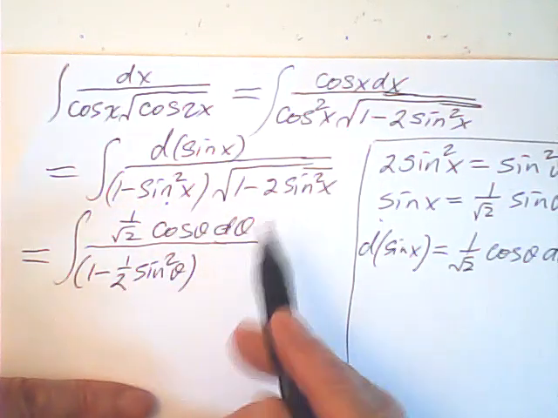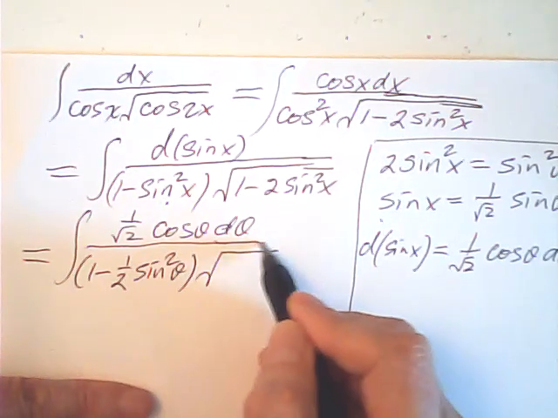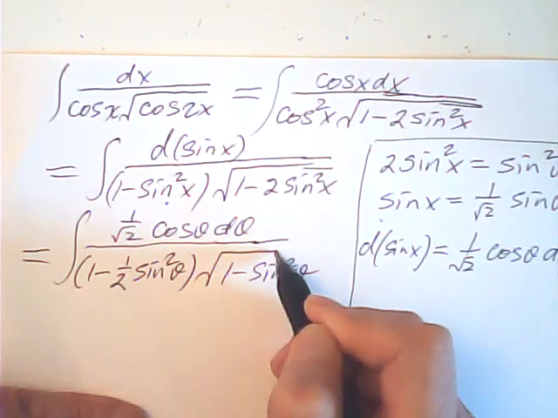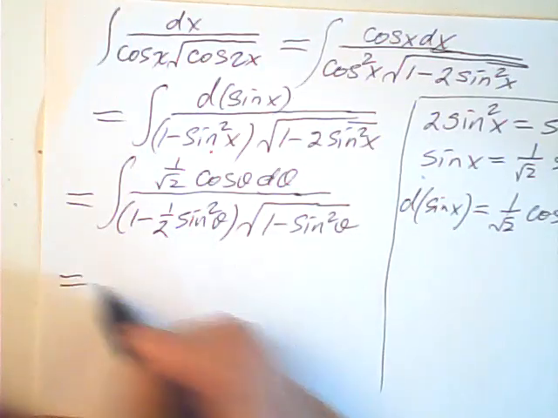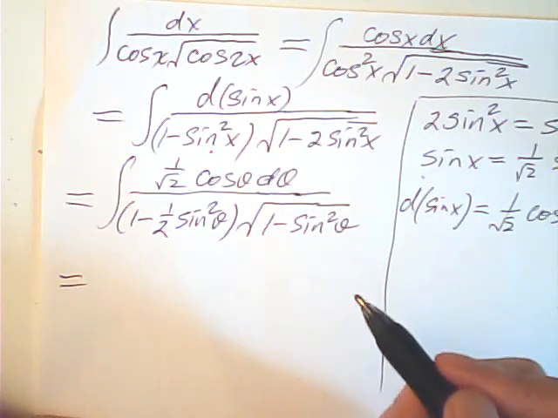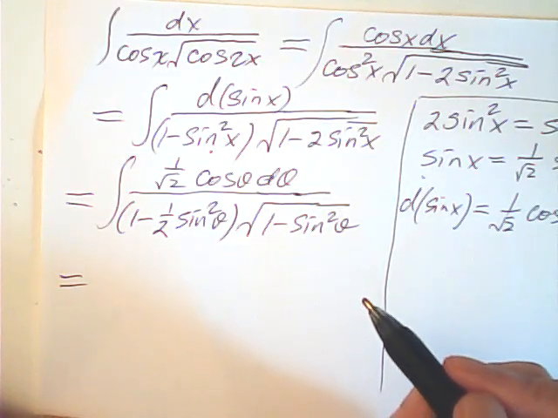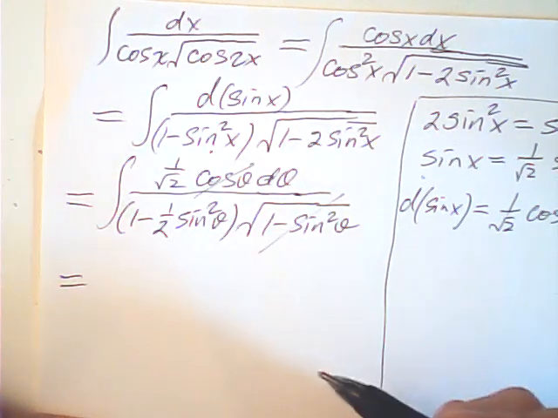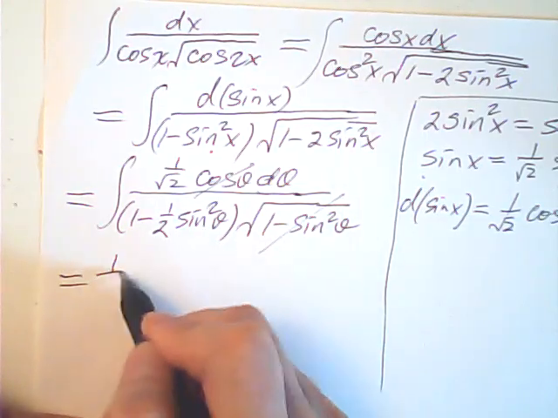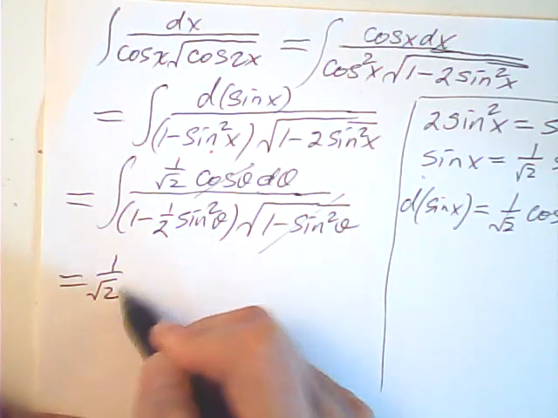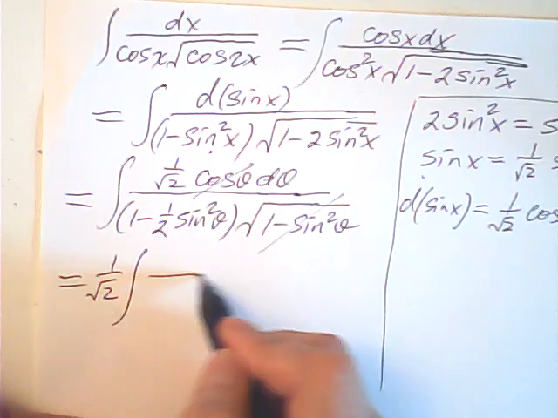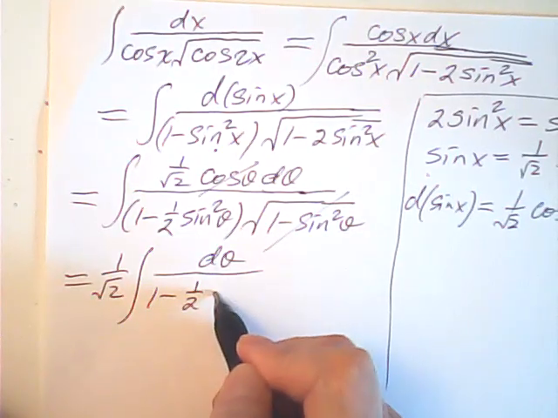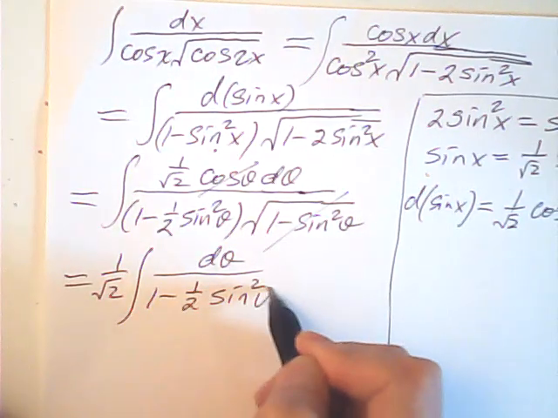This has been changed, this is 1 minus sine square theta. Yeah, very good. So this is cosine. Cosine, this cancels out, right? It becomes a 1 over root 2 d theta over 1 minus half sine square theta.